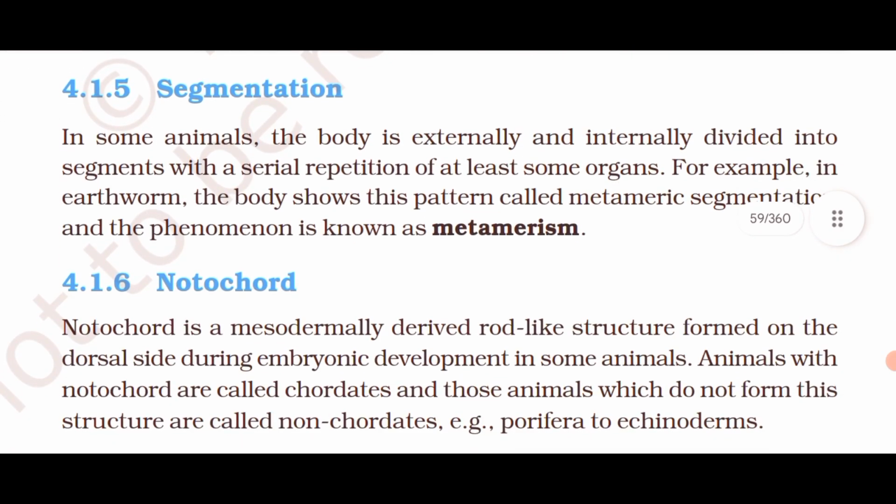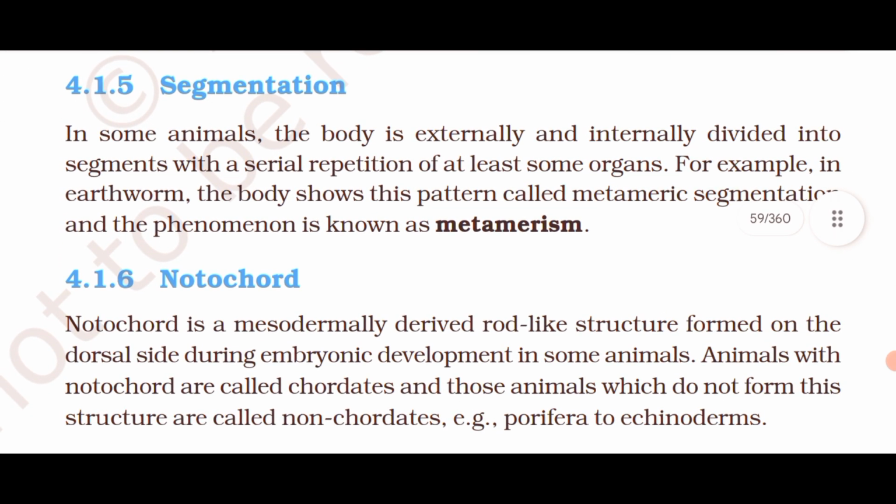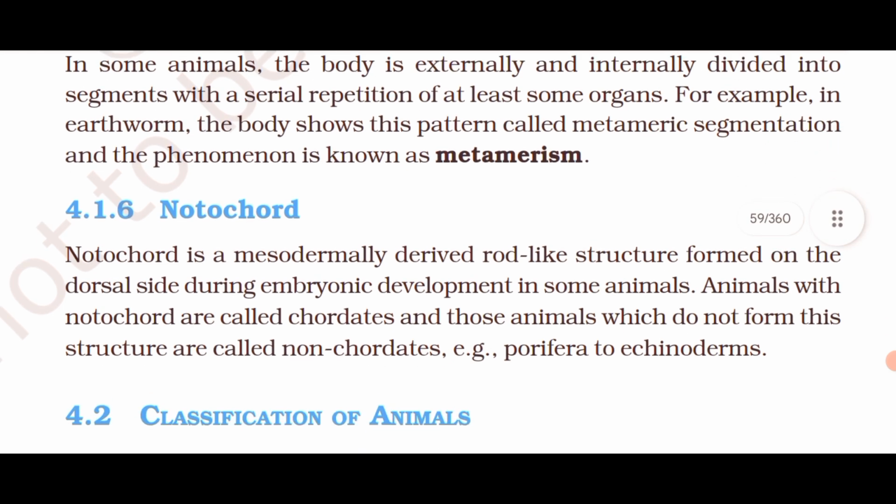4.1.5 Segmentation. In some animals, the body is externally and internally divided into segments with a serial repetition of at least some organs. For example, in earthworm, the body shows this pattern called metameric segmentation, and the phenomenon is known as metamerism. 4.1.6 Notochord.